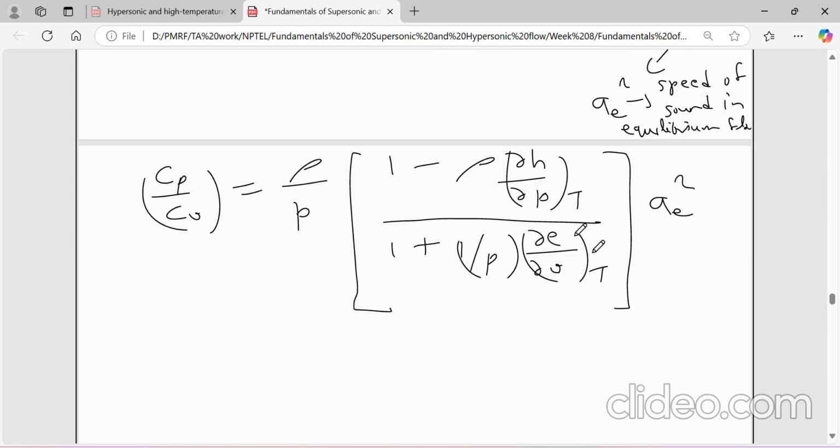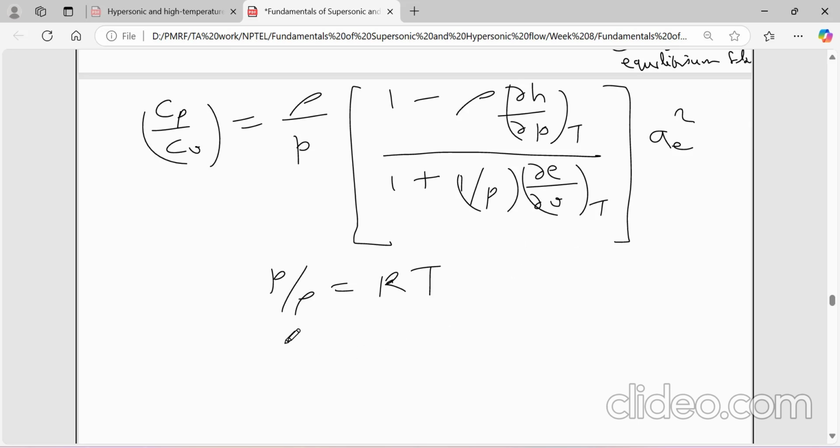So this P by rho also we can write it as P by rho equal to RT and Cp by Cv equal to gamma.